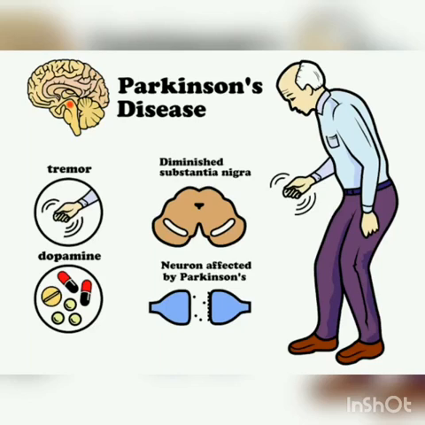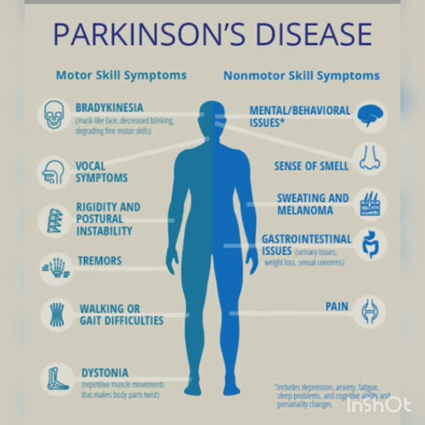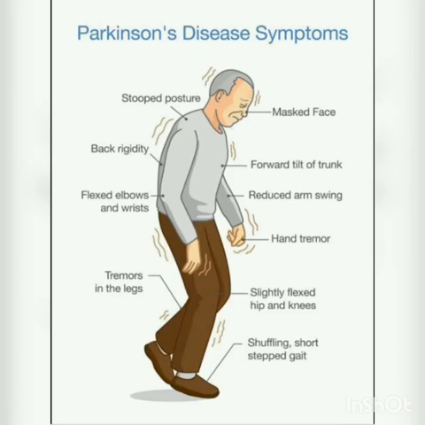Next, what are the diseases of the nervous system? There are two types of diseases. One is Parkinson's disease, the other one is Alzheimer's disease. Parkinson's disease is a degenerative disorder of the nervous system that affects movement, often including tremors. When Parkinson's disease comes, our nervous system is affected and it stops us from moving, like a paralysis.